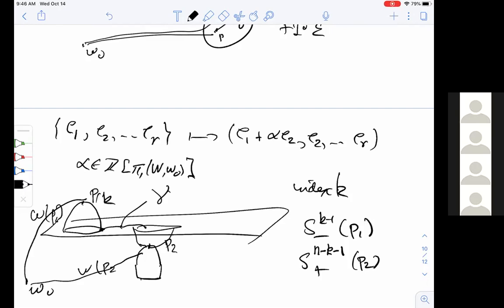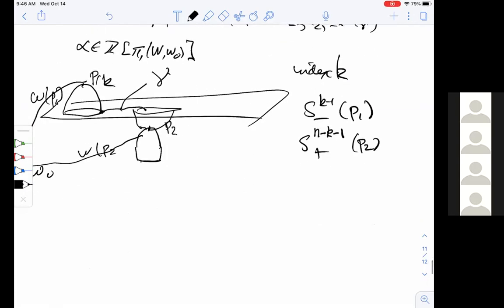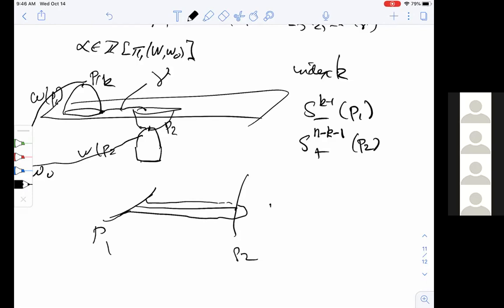And then we just do a tab move. If we have the descending manifold of P1 here and an arc connecting it to the ascending manifold for P2, we simply do this sort of move, producing a point of intersection, which, depending on how you arrange the signs, can be a plus or minus.